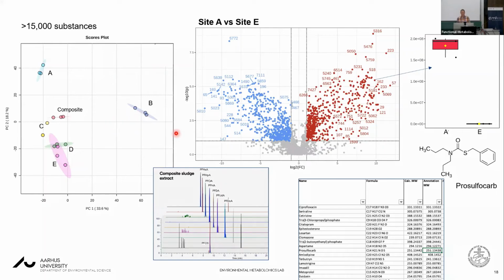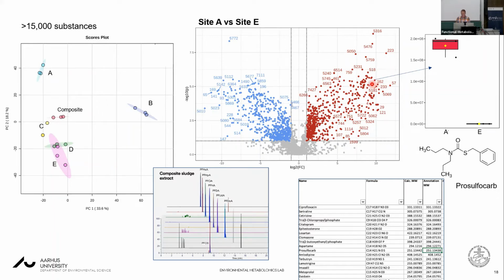So we also tried to do this differential analysis between two sites in this case, where you look at the log fold change between two sites and the minus log 10 p-value. So the higher up here on the y-axis, the more significant, and the further out on the sides, the more change in concentration it is.